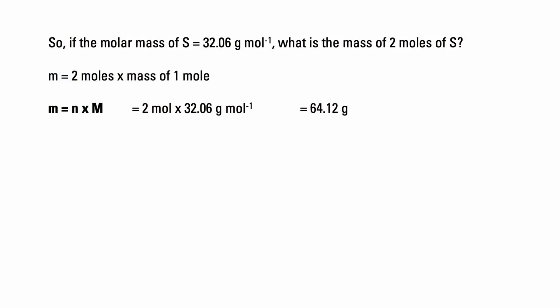We can say that the mass of our 2 moles of sulfur will be equal to the amount, the number of moles we're asking about, times the molar mass, capital M, which is the mass of 1 mole. So in this case, we have the mass of 1 mole times 2, the number of moles we're interested in, and this little bit of math will give us the mass, right?